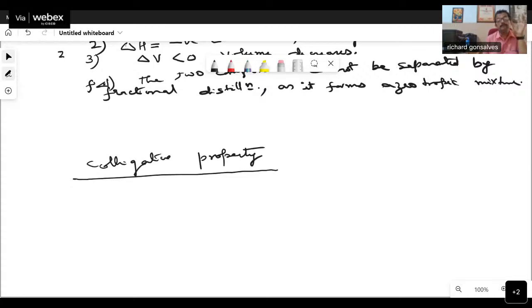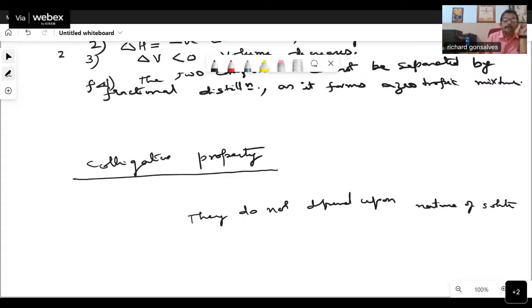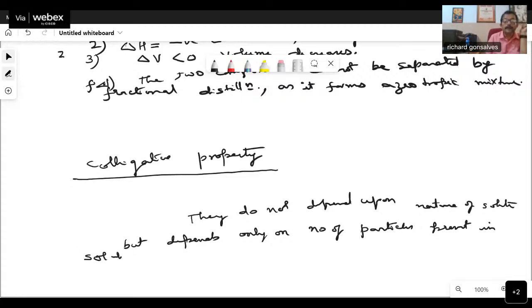They do not depend upon quantity of matter present, nature of the solute, but depend only on number of particles present in solution. I will explain this, how it is, and then we'll do that.